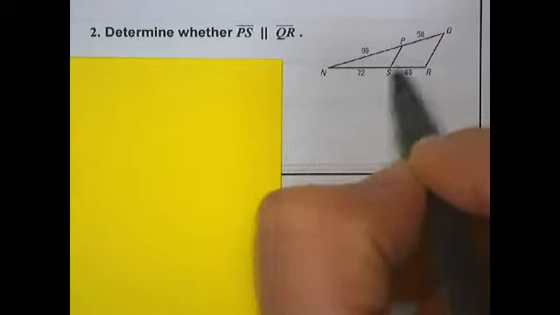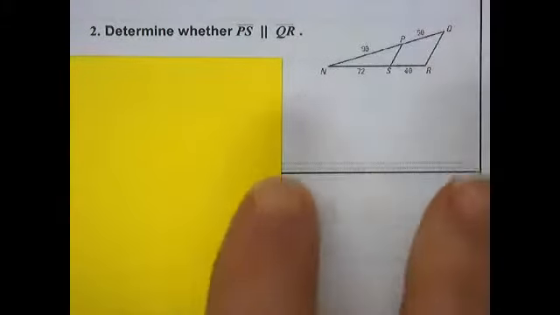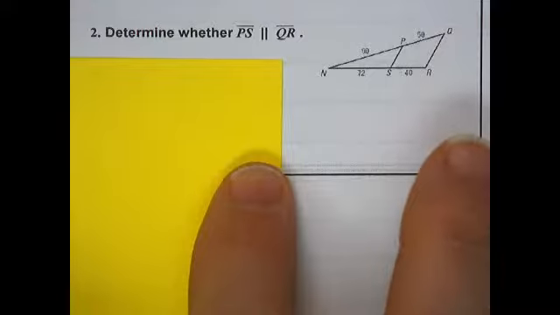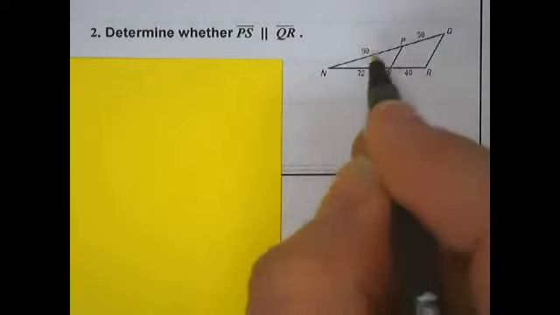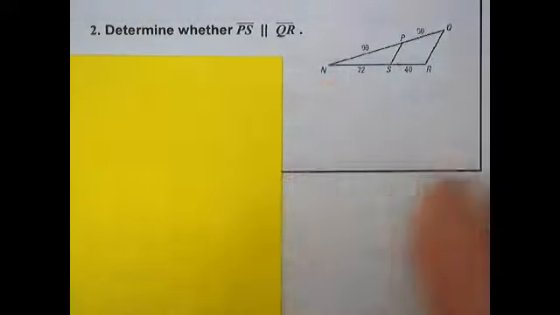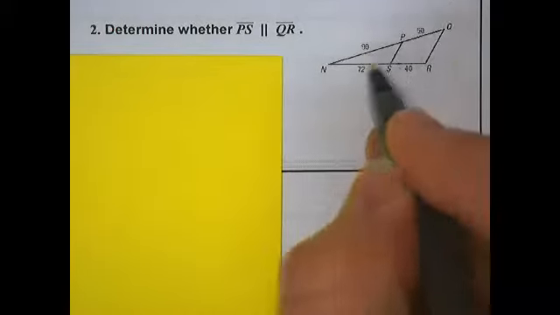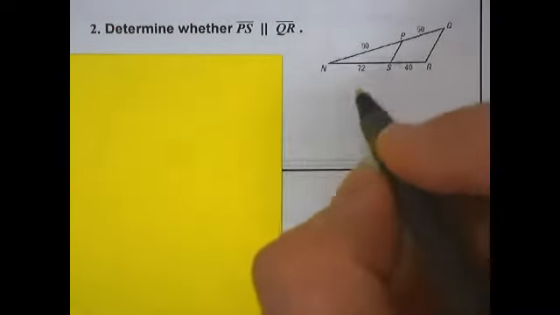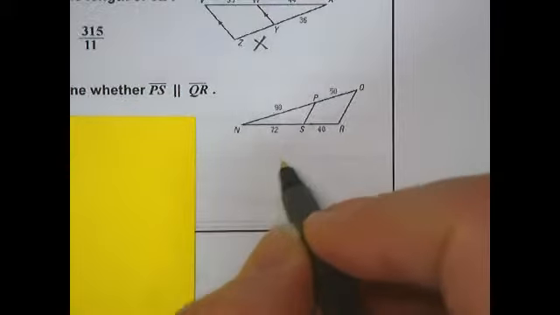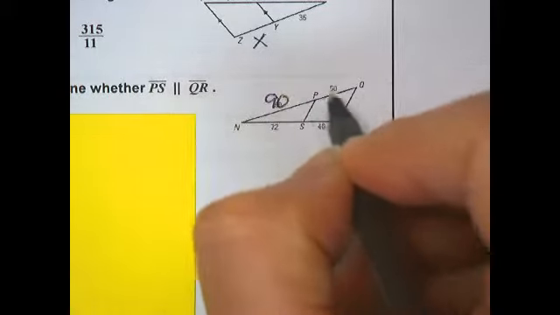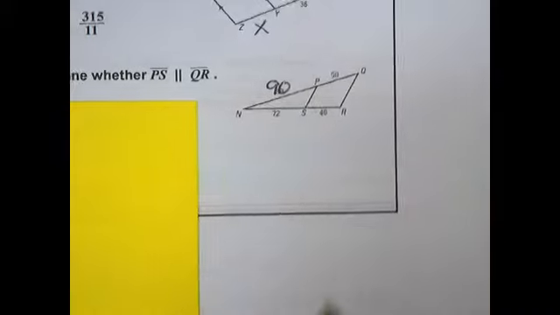The next one is, if you're given the parts, can you determine if they're parallel? So that's the converse. The converse says if they're parallel, it divides the sides proportionally. The converse is if the sides are divided proportionally, then the lines are parallel. So we need to decide, is this divided proportionally?